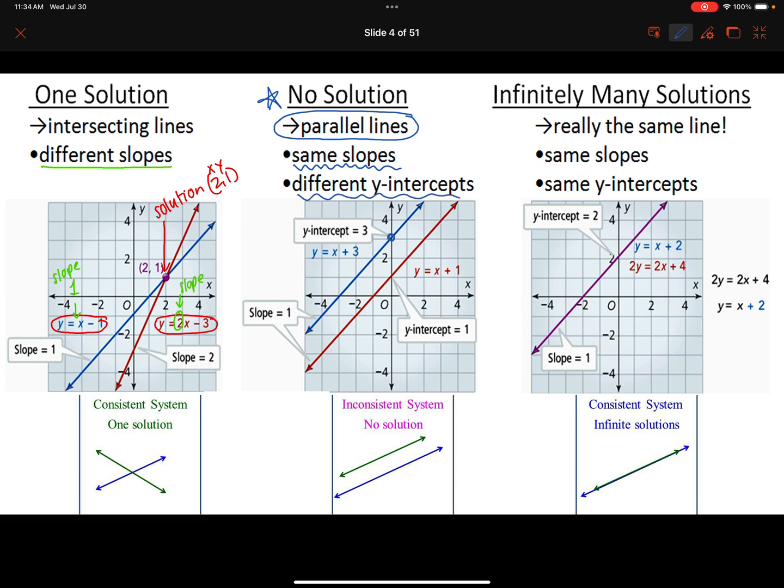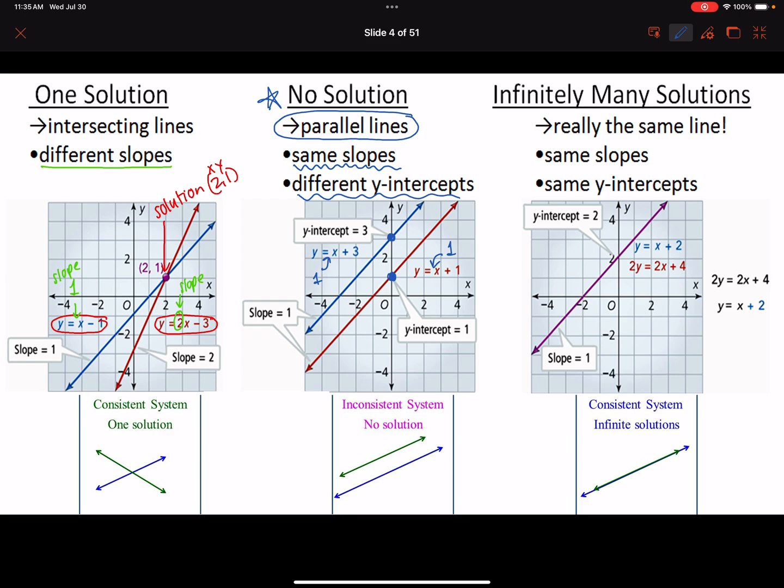So we can see the y-intercept for the blue line is at 3. The y-intercept for the red line is at 1. So they're always going to run next to each other. They're going to go in the same direction, but they're never going to actually cross because they have the same slope of 1. So same slope, they're never going to cross, no solution.